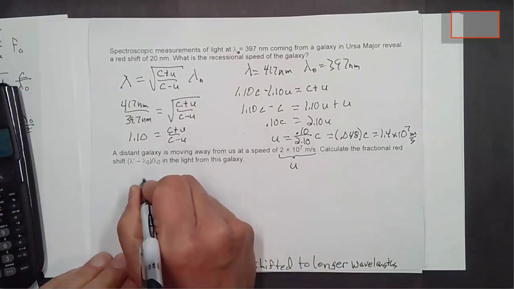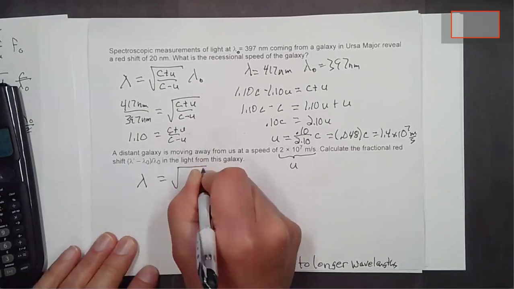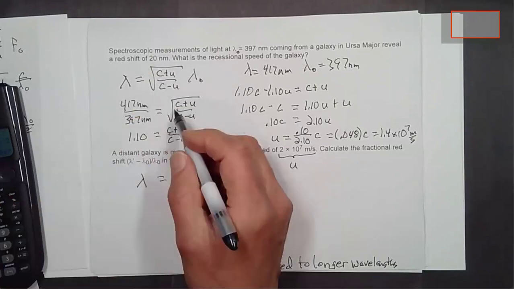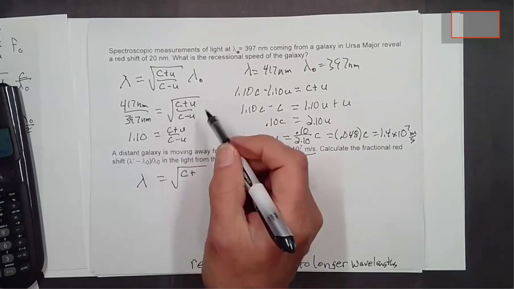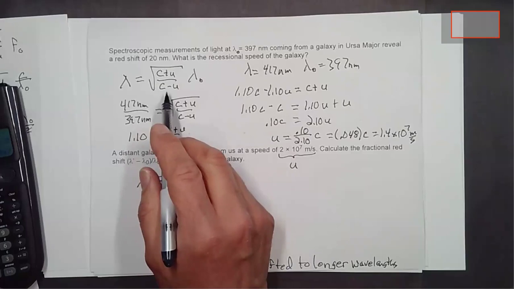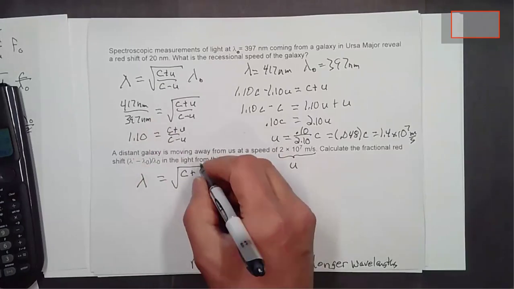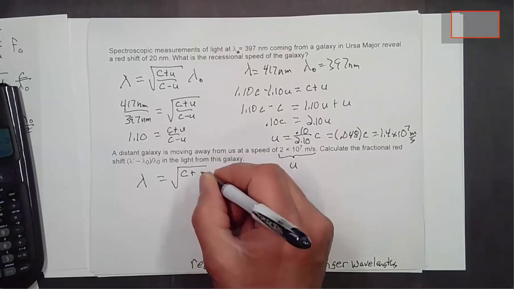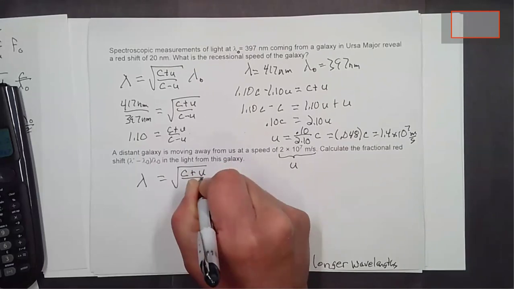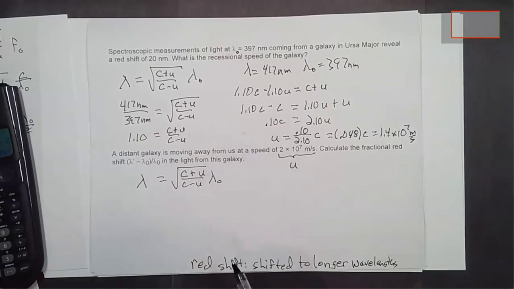So I'd get lambda is going to equal the square root of C. Actually, those are the swapped signs, I think. Yeah, those are the swapped signs. I was looking at the one for frequency, and for wavelength, those are the swapped signs. So we'll be using (C plus U) over (C minus U) times lambda naught there.